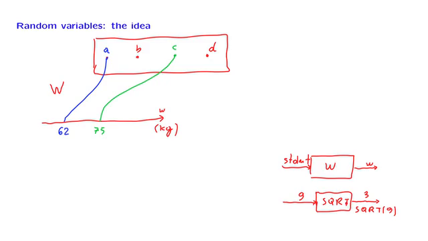Now let us go back to our probabilistic experiment. Note that a probabilistic experiment such as the one in our example can have several associated random variables. For example, we could have another random variable denoted by capital H, which is the height of a student recorded in meters. So if the outcome of the experiment, for example, was student A, then this random variable would take a value which is the height of that student.